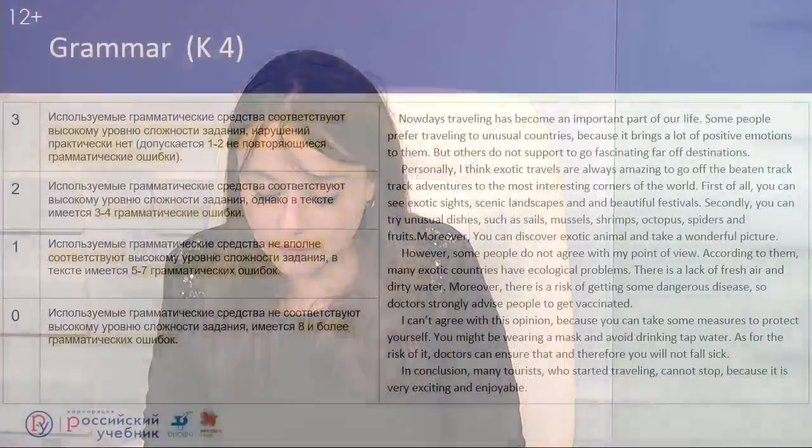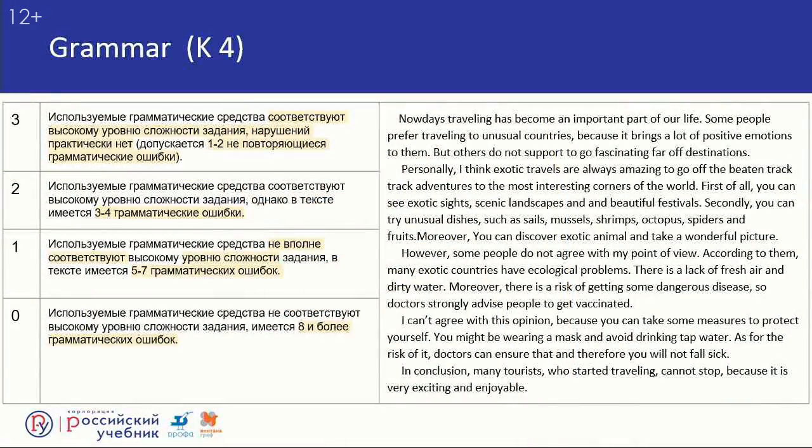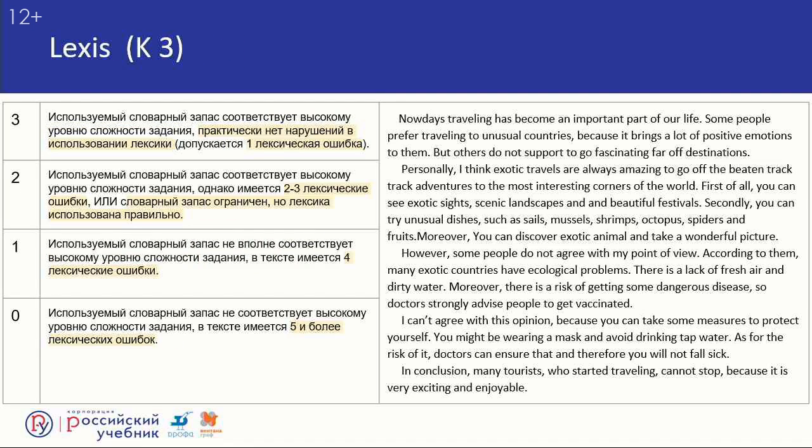So we have quite a few grammar mistakes, right? Definitely more than 5, about 6. So it will probably be band 1 for grammar, and as for vocabulary, there is actually one more mistake.